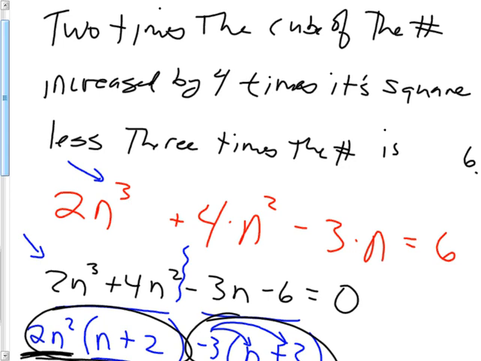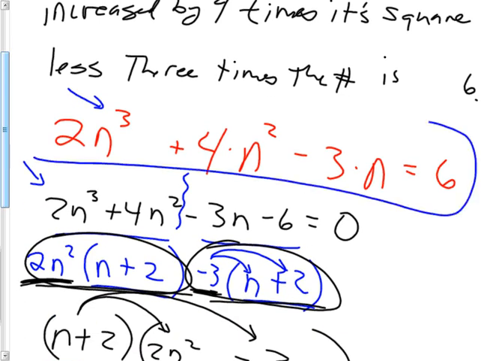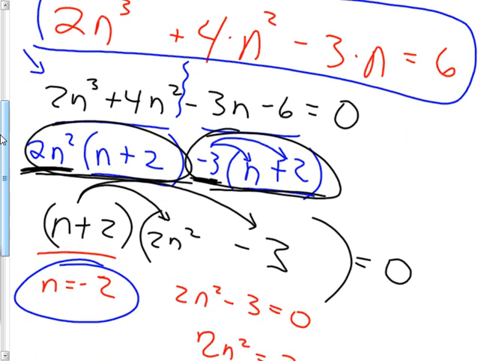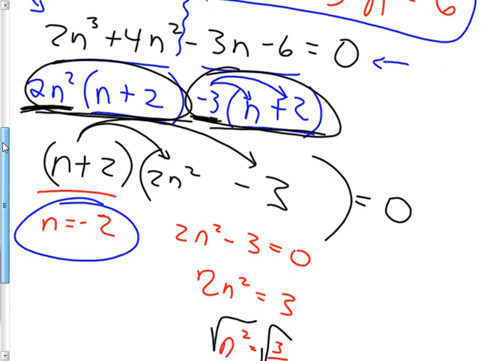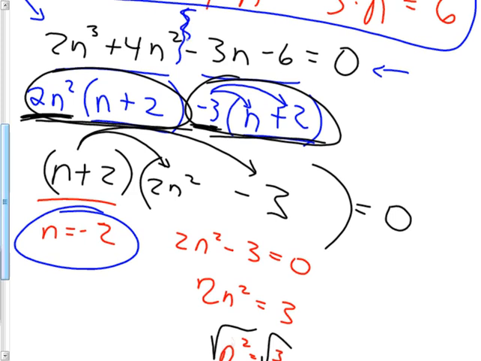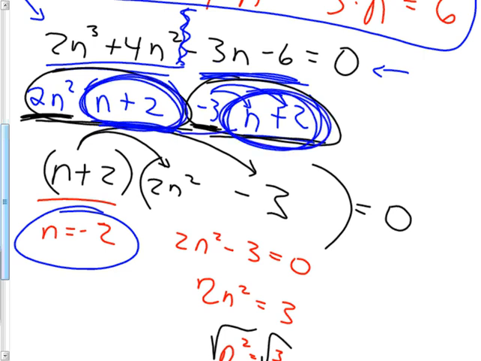All right. Okay, so the first part of this, everybody pretty much had this. So we were good on that. The next part was we had to set it equal to 0. That's not that hard. And the next part was the factoring part, which got a little weird because we had to do this divide and conquer thing. Factor the first part, factor the second part, and then take this that was in common and put it out to the front here, and then whatever was left went in here.